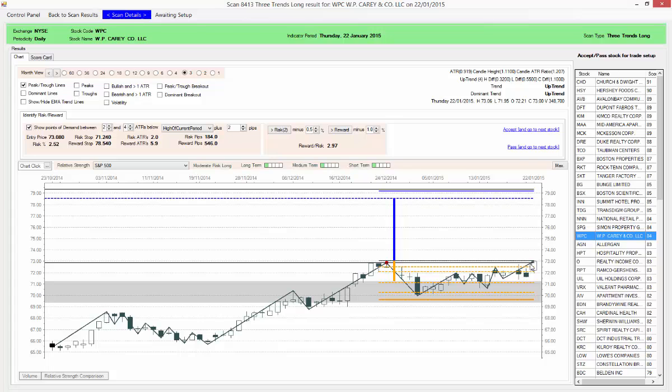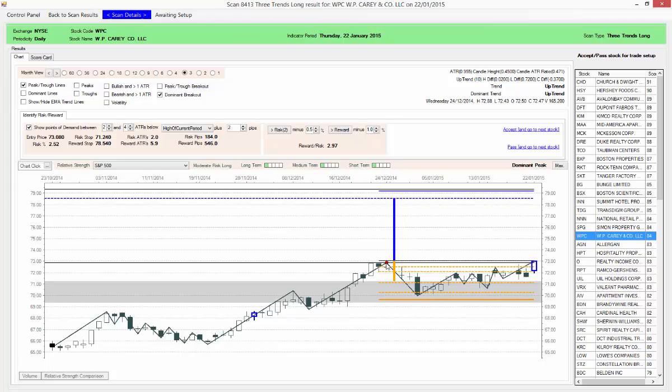Now I'm going to show to you an indicator which will say, has it broken the last dominant peak? Up here is dominant breakout. And when I click on that, you can see that this candle on the end has highlighted itself in blue, which tells me that its price is greater than or has pierced the last dominant peak.